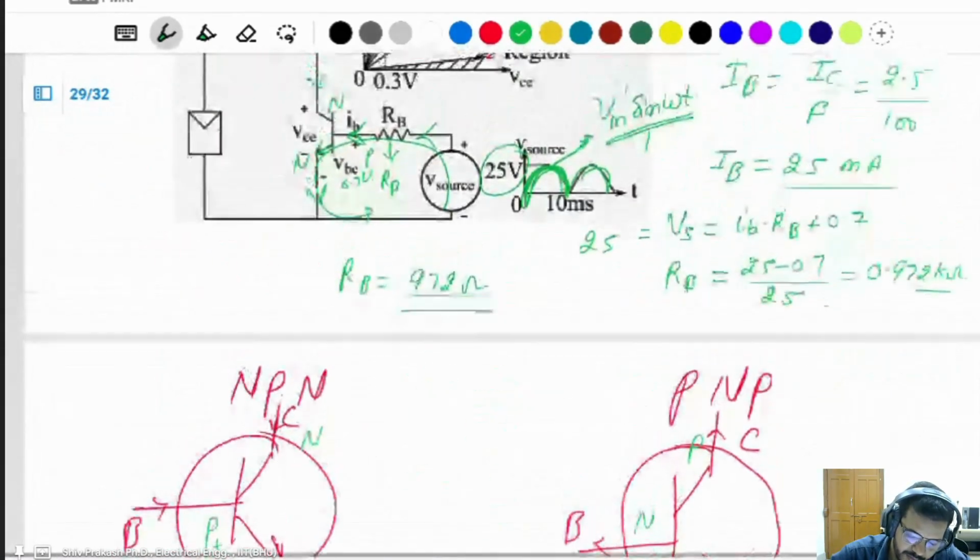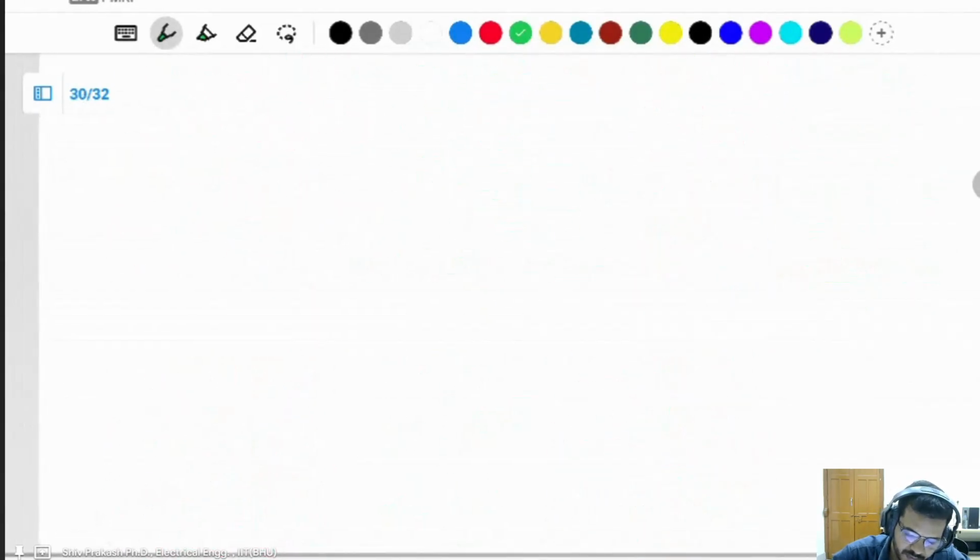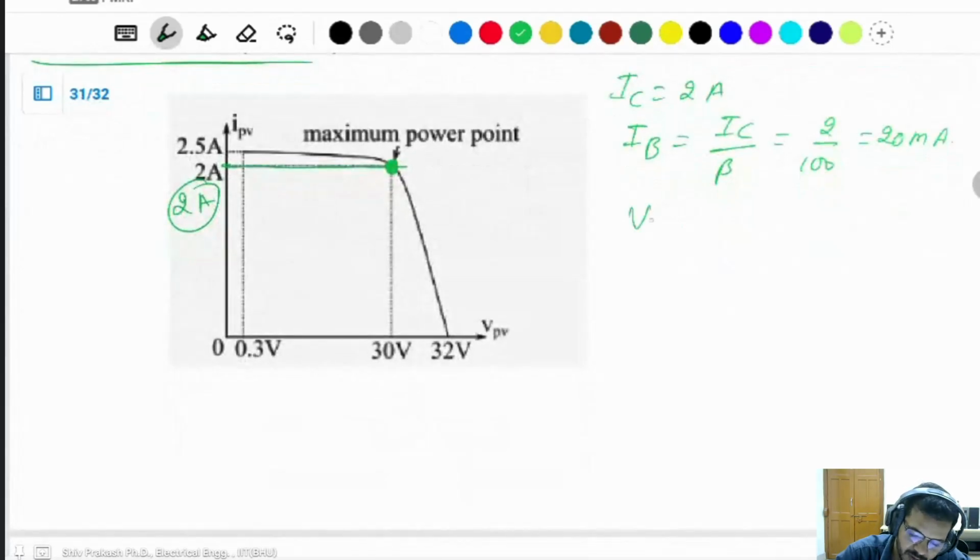And similarly, you can take the KVL of this one. This voltage is equal to this voltage drop and this voltage drop. Vs is equal to IB into RB plus voltage drop of 0.7 volt. Vs you can take as Vm sin omega t.